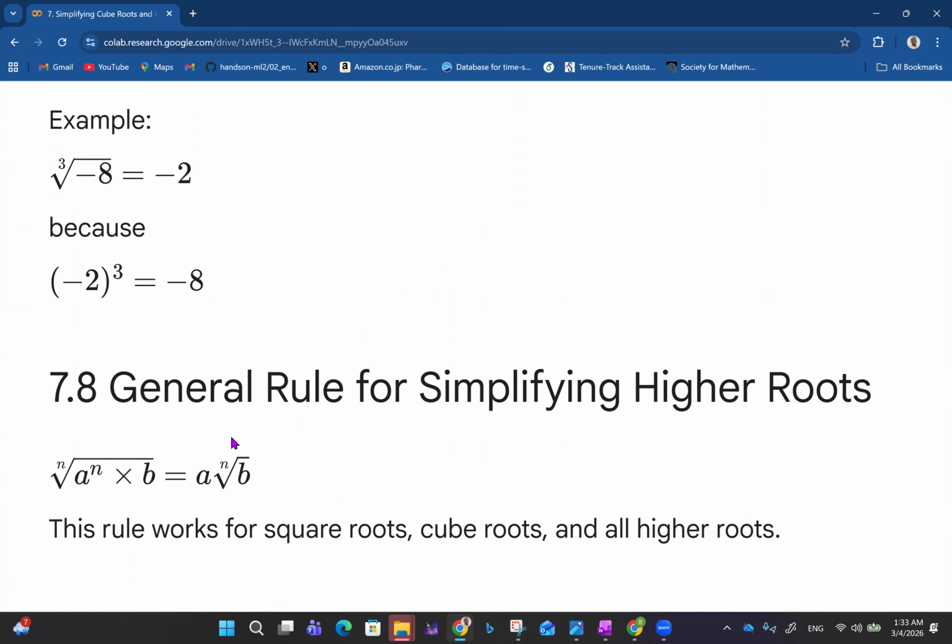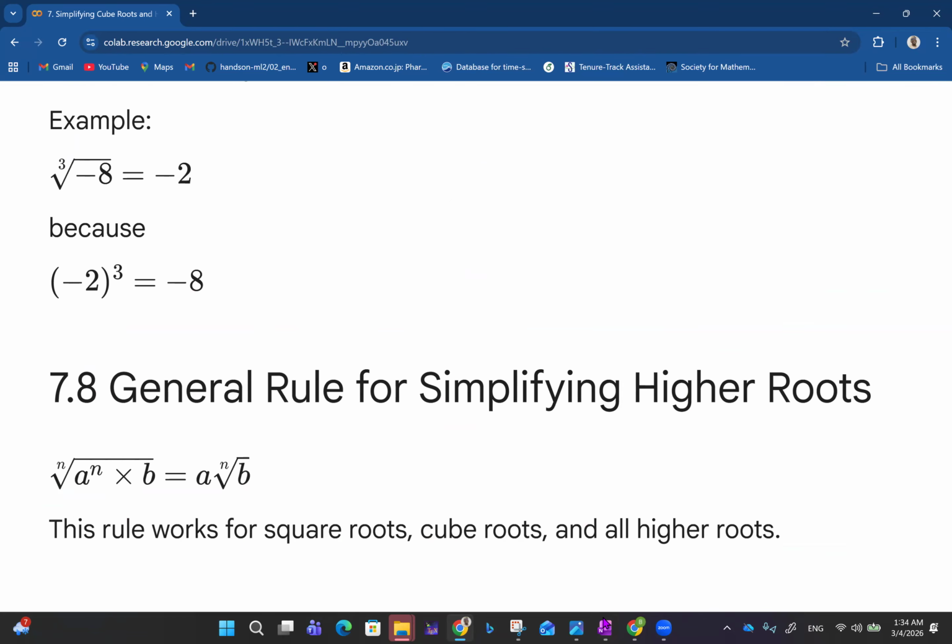Then we talk about the general rule for simplifying higher roots. The nth root of a raised to power n times b: because the nth root of a raised to power n gives us a, we then have a times the nth root of b. This rule works for square roots, cube roots, and all higher roots.